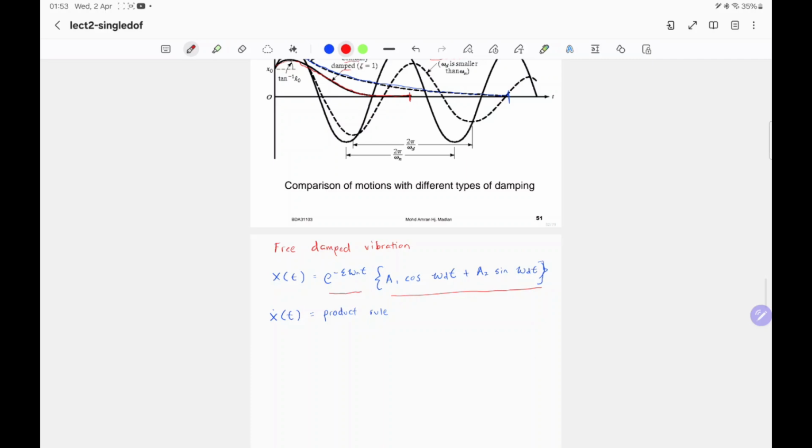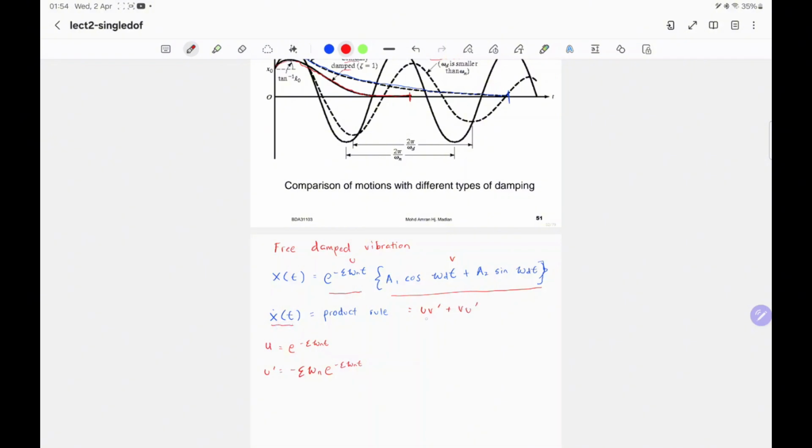So we can write it as UV. To use the product rule, U is equal to e to the power of negative zeta omega n t, and U prime is negative zeta omega n e to the power of negative zeta omega n t, because the product rule is uv prime plus vu prime.